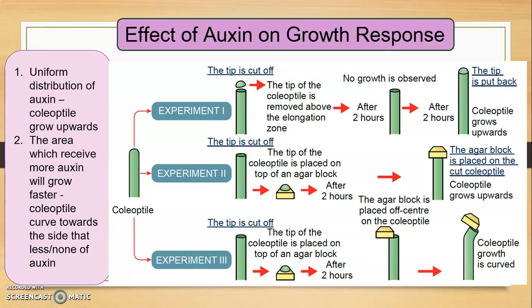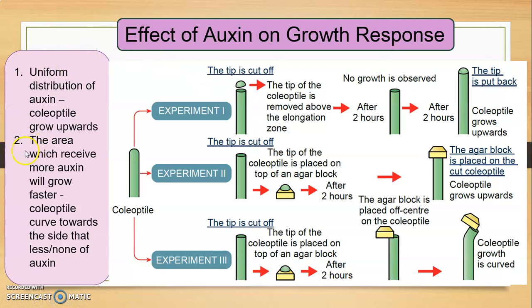Number one, uniform distribution of auxin, bermaksud penyebarannya sekata. As we know before, auxin is synthesized at the tips of the shoot and root. So when there is a uniform distribution of auxin, the coleoptile will grow upwards.